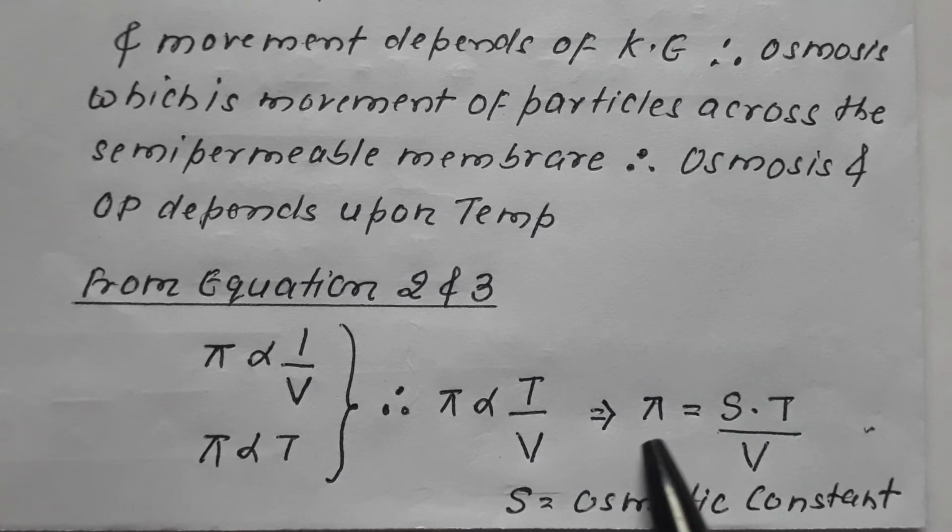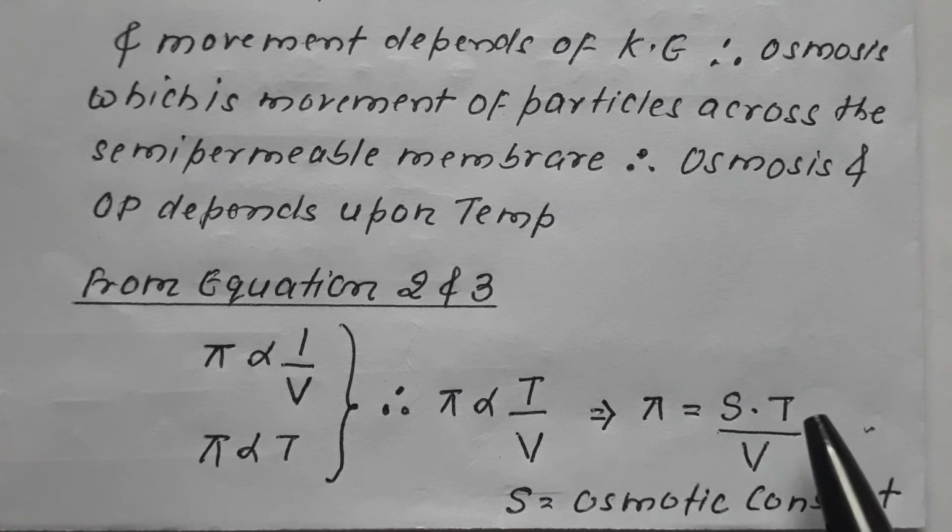So we can write pi is equal to S into T by V, where S is termed as the osmotic constant.